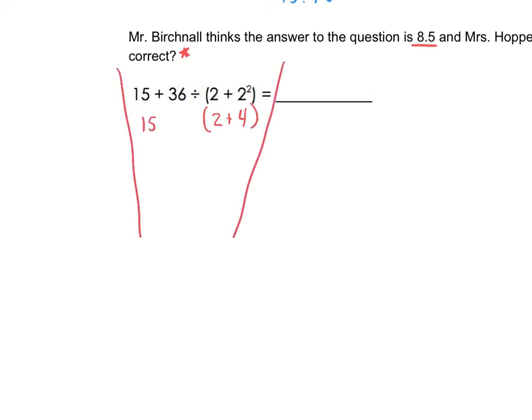So I'm going to rewrite it now. And next I'm going to solve that parentheses, and notice each time I'm rewriting it, my next step here would be to divide. And our final answer should be 21.